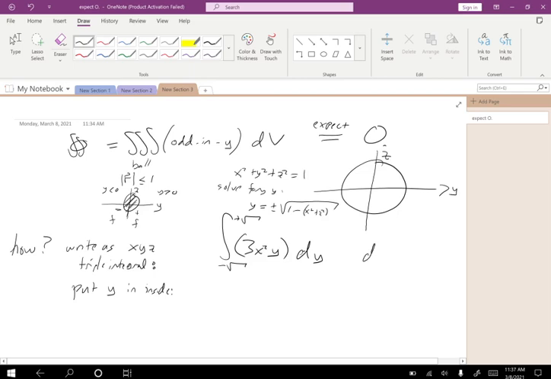So now we're going to have our dx dz, and I'm going to abbreviate this by the x and z ranges. Really, it should just be x squared plus z squared less than or equal to 1, but this is not important, because we're actually going to show that this inner integral is 0.